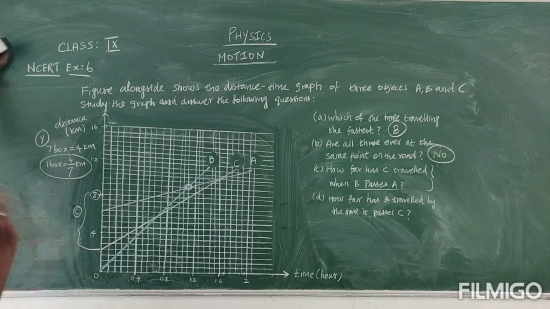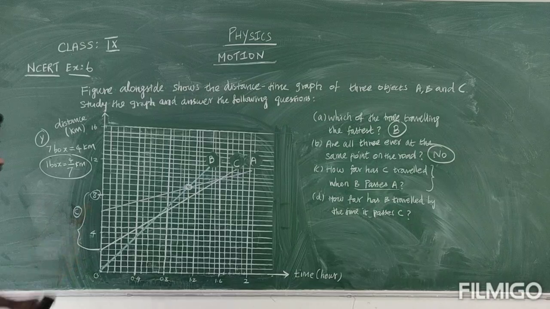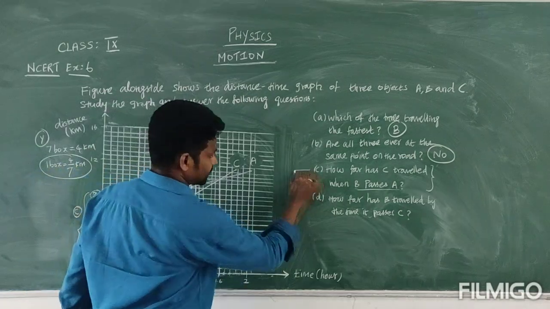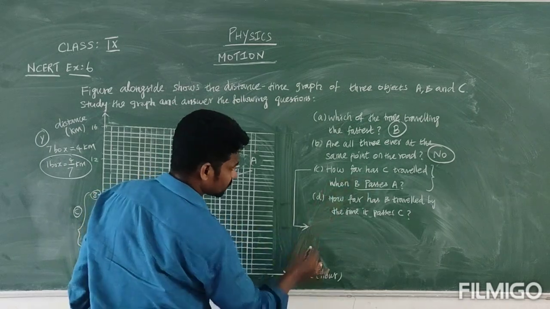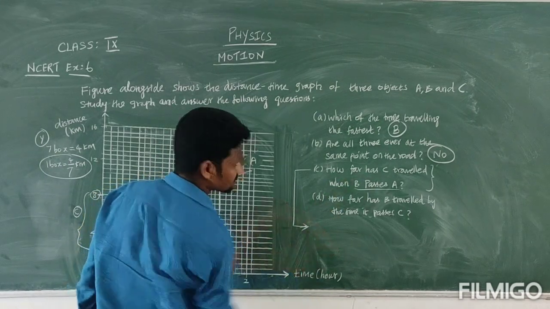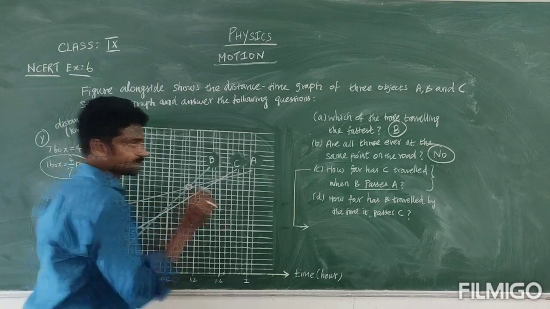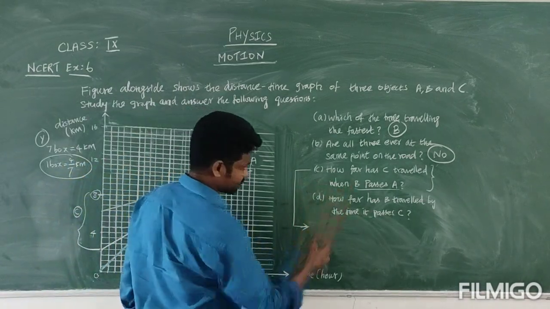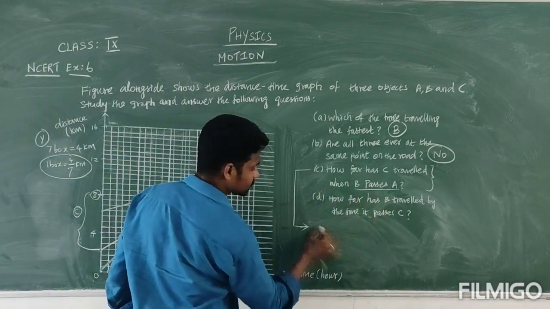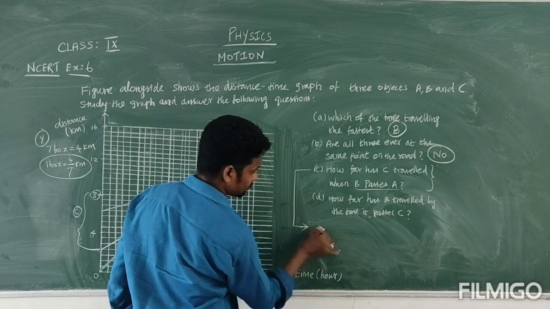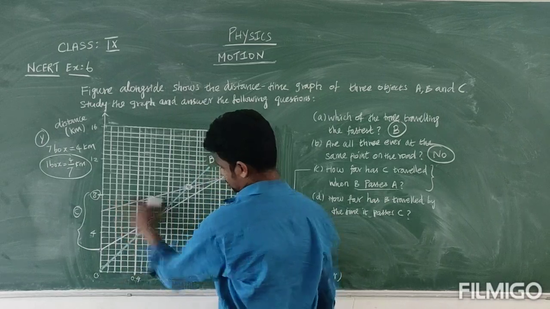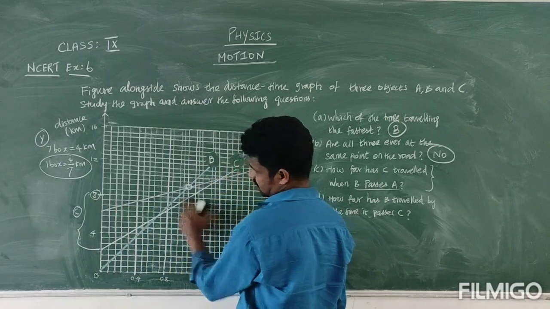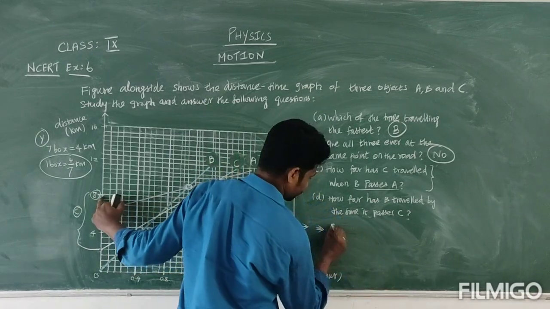Clear? So now I am going to answer this question. The distance travelled by C at the time when B is crossing A. Actually here the point is 8 km.